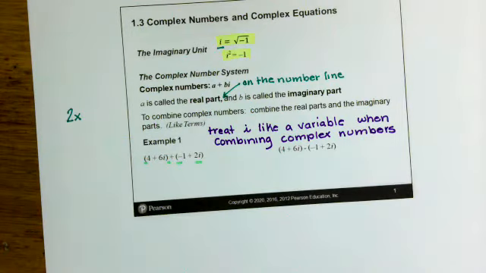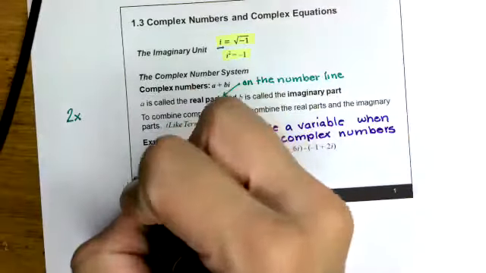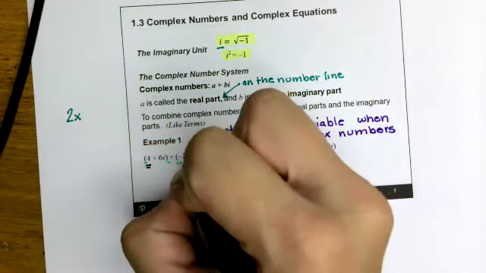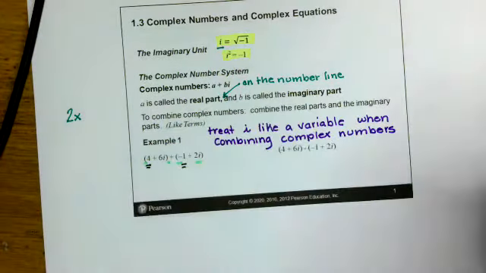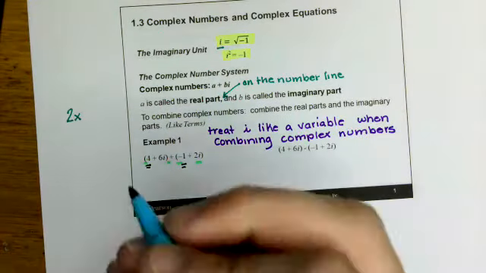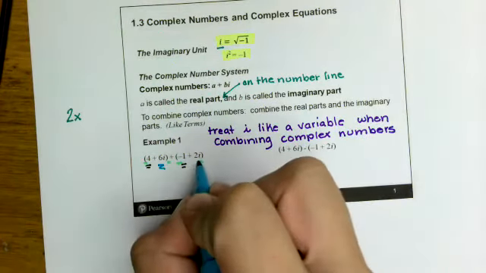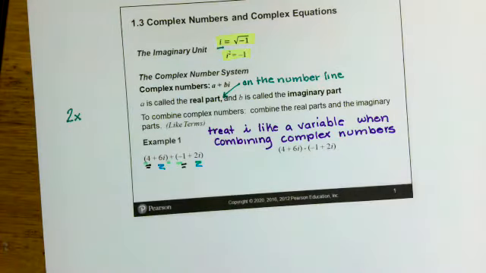Here we're actually just combining like terms. All the parentheses is doing is separating two complex numbers. There's nothing to combine inside, nothing to distribute outside. Combine the real parts, 4 and -1, and then combine the imaginary parts, 6i and 2i.